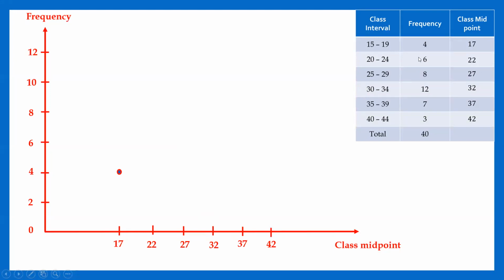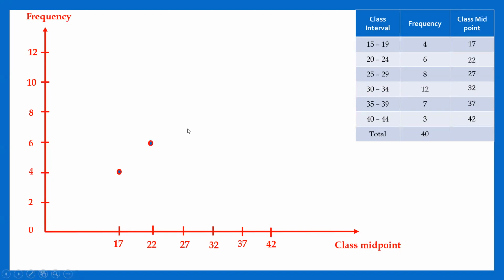Okay, then we can plot the frequencies against the class midpoints. The first one is class frequency 4 against 12, the first class midpoint. The second frequency is 6, against the second class midpoint 17.